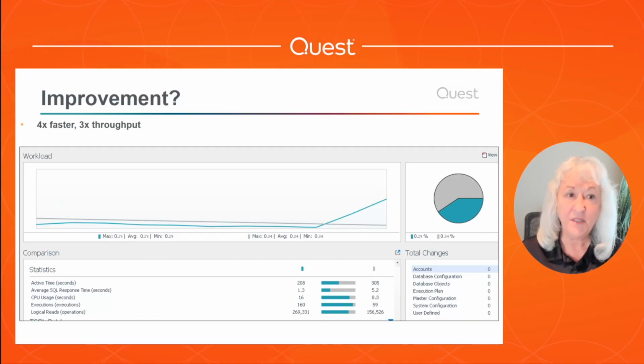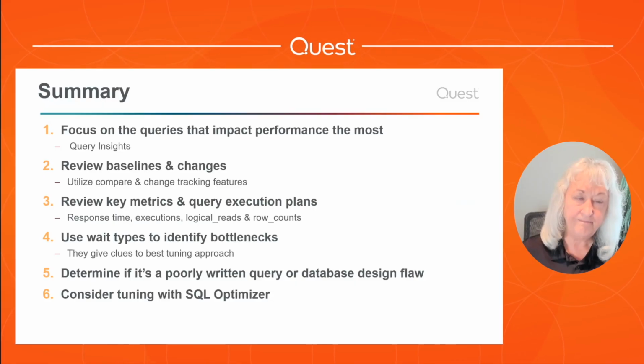So it's almost 3 times the throughput that it was doing. And basically, if you look at it, it was 4 times faster when it was running. So much better increase in performance. Just something to think about if you don't have SQL Optimizer. It's a nice add-on, and it helps you actually tune your queries.